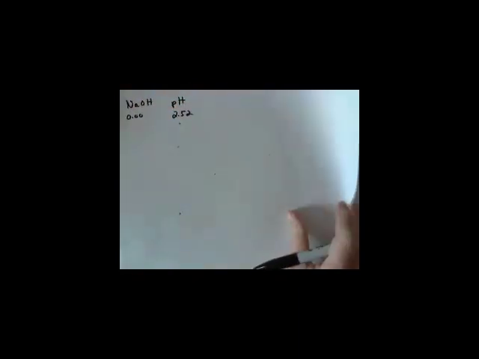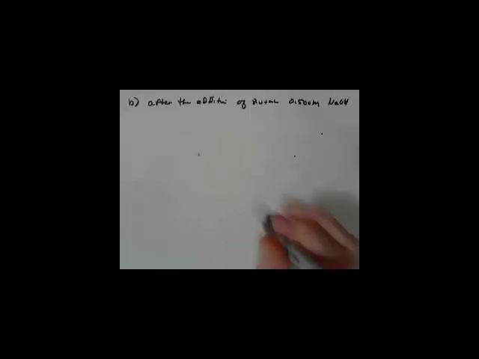I'm going to put this aside so that we have it for our later calculation. That way we can keep track, and then we'll plot the pH versus the volume of titrant added.